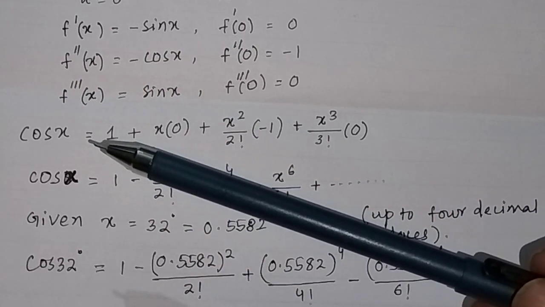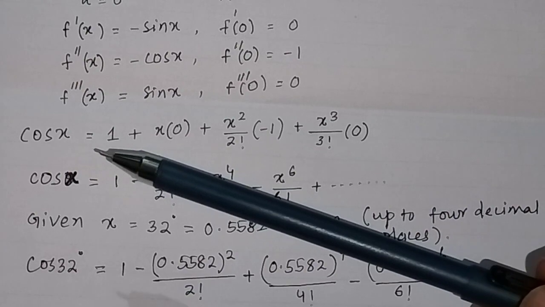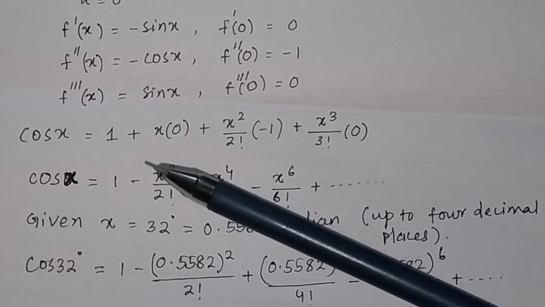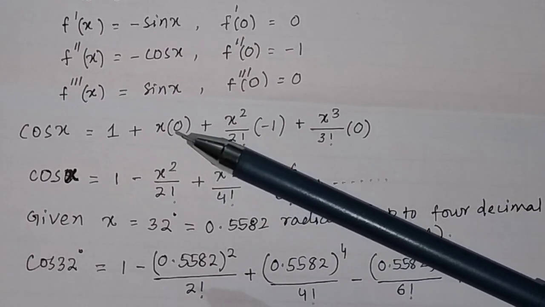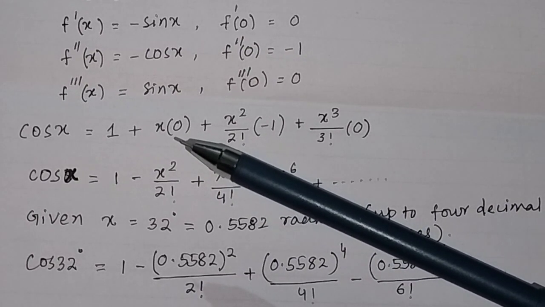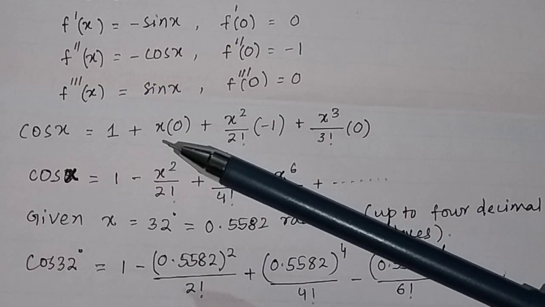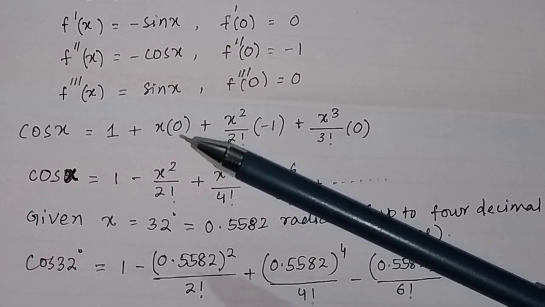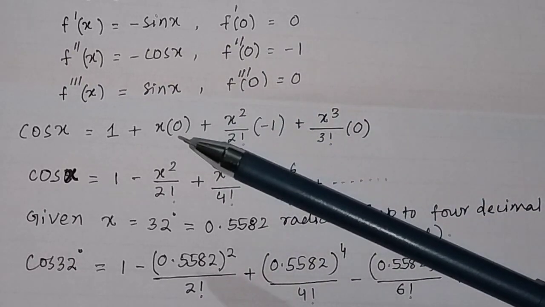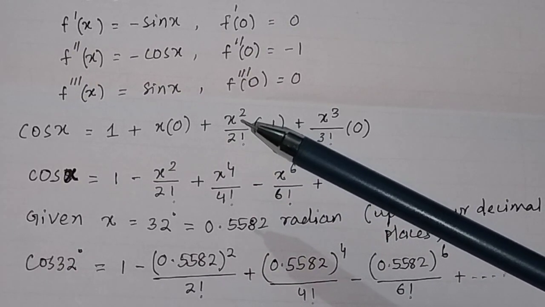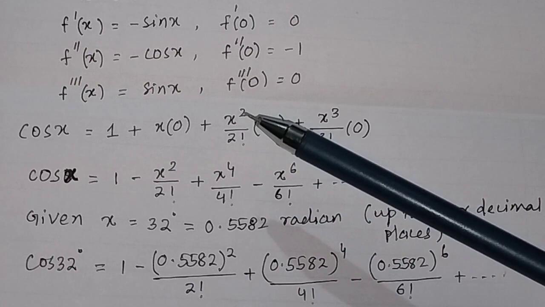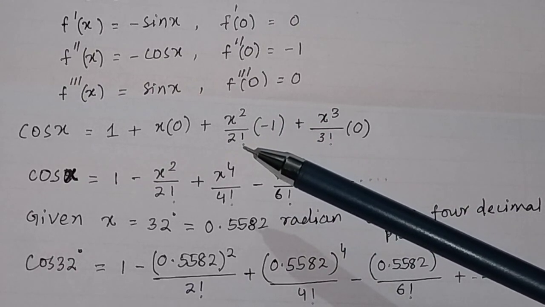Then what will be the function? The function is equal to cos x. The first term is f of 0, that is equal to 1. The second term is (x minus 0), that is equal to x, divided by factorial 1 into f dash 0, that is equal to 0. The next term is (x minus a) whole square, with a equal to 0, so it is x square divided by factorial 2.